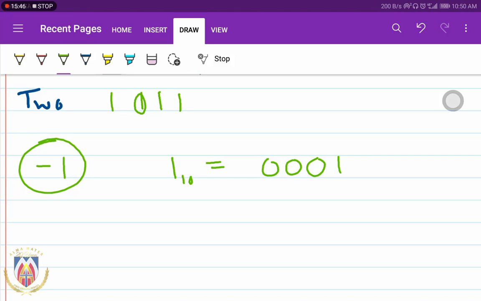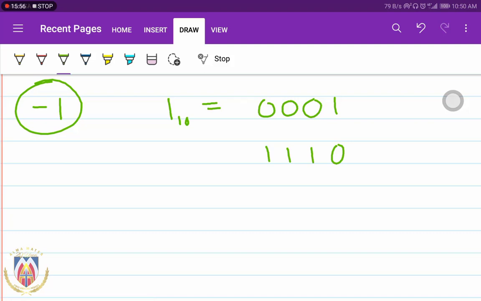Let's go to the 1's complement of this number. It is 1, 1, 1, 0, because we simply invert. What was 0 becomes 1, what was 1 becomes 0. Then now we add a 1 to this number. We add a 1 to a 1's complement.